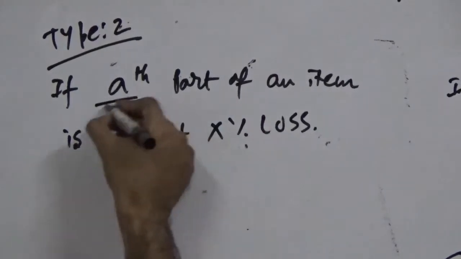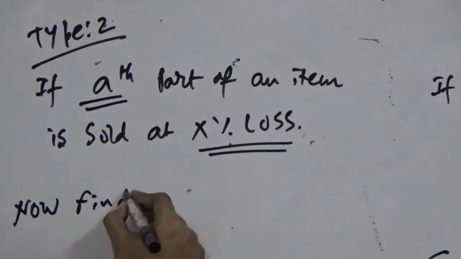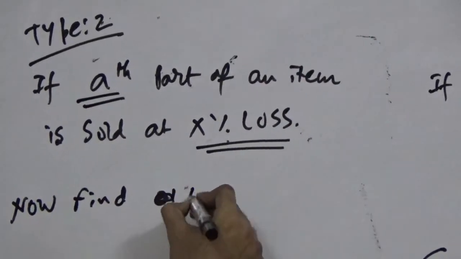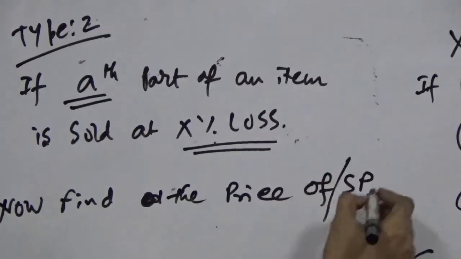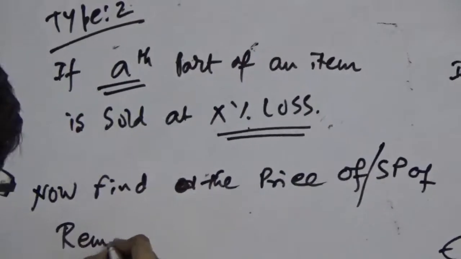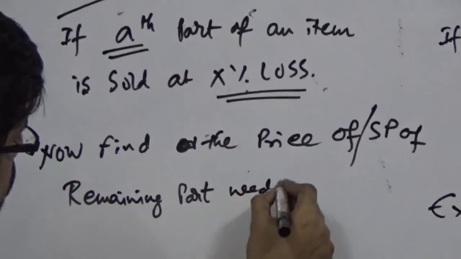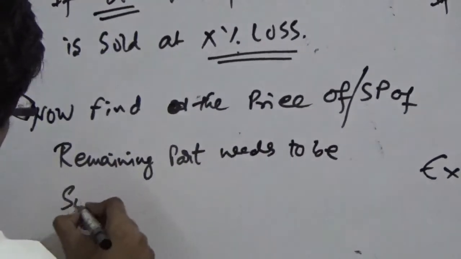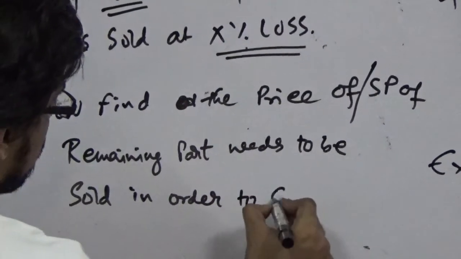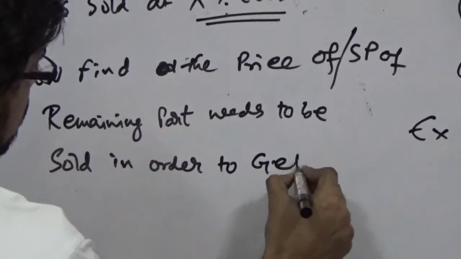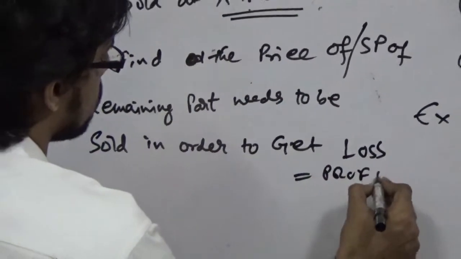So now A part you have sold at X% loss. Now find the price, or SP, of the remaining part that needs to be sold in order to get loss equal to profit equal to 0.